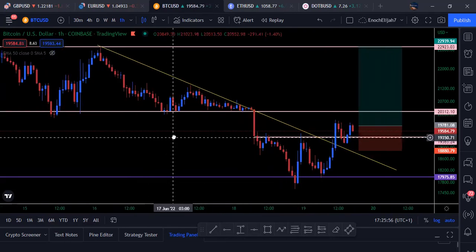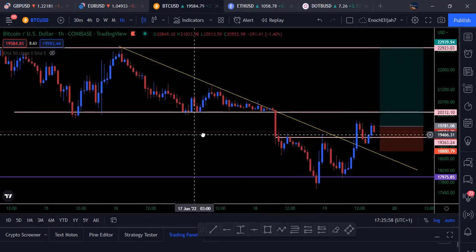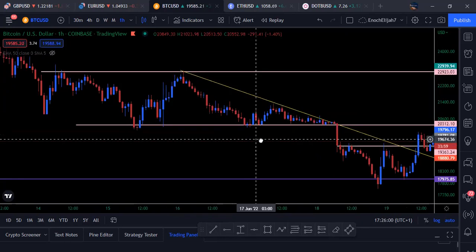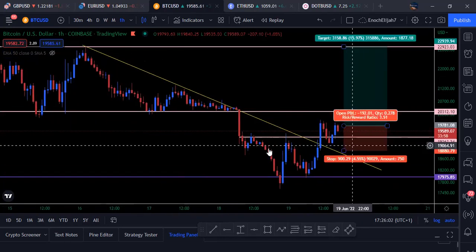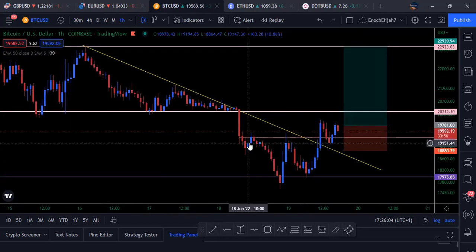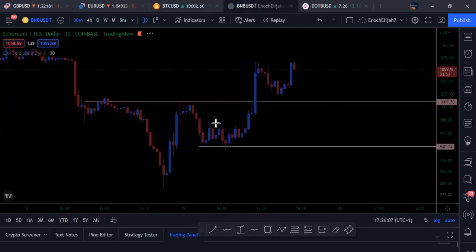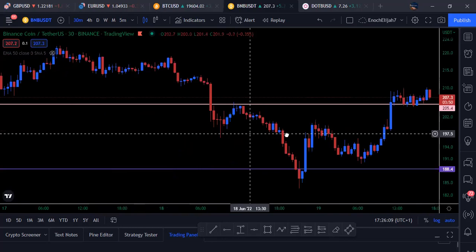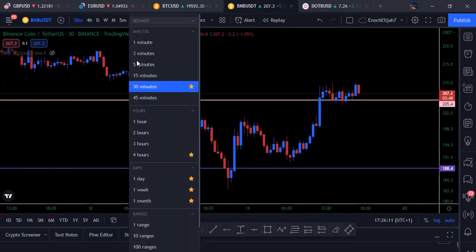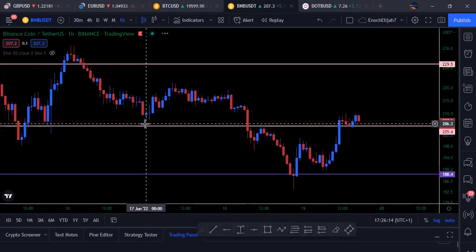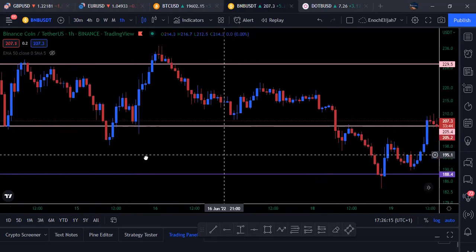So let's see. This meeting ends in 10 minutes' time, so let's quickly go to other assets. BNB, same structure, you can see the same structure on all of them. They all copy BTC charts, same thing.